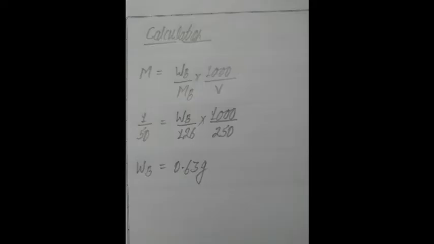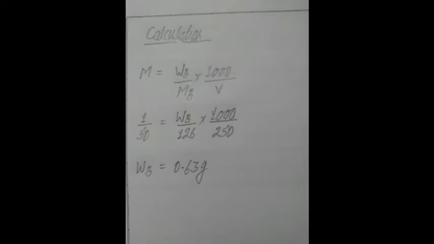Putting in the values, molarity is 1/50, the molar mass of oxalic acid is 126, multiplied by 1000 upon volume, which is given as 250 ml.